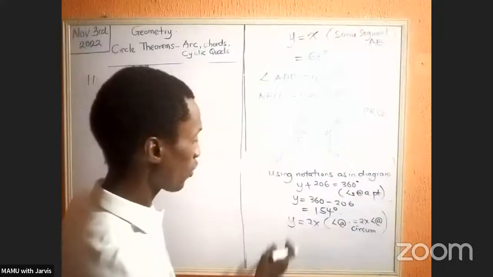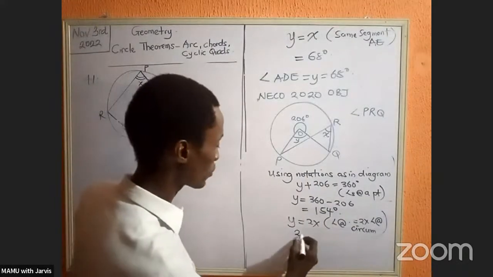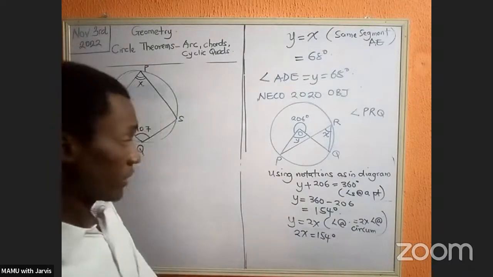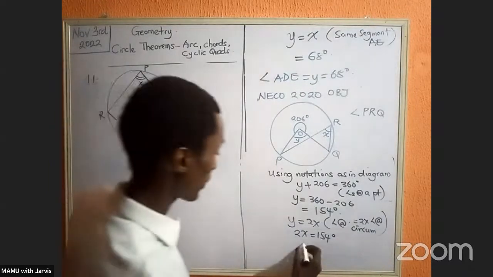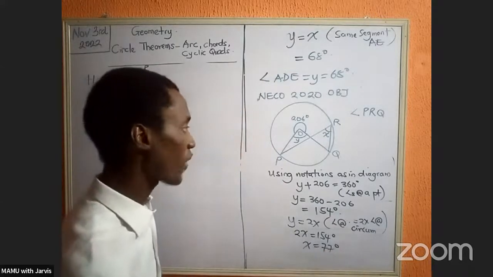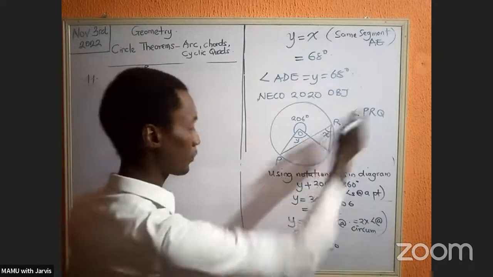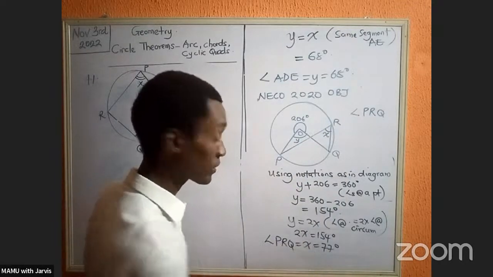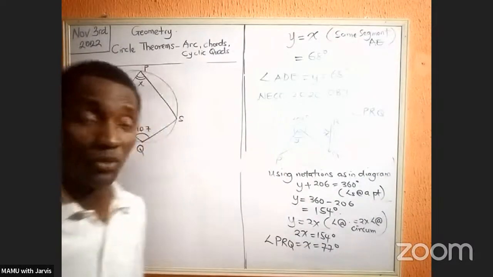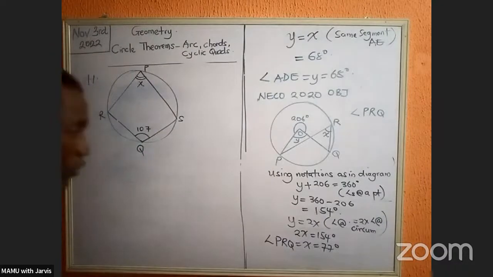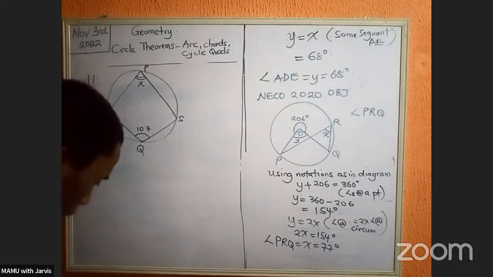So if I know y to be 154, I can say 2x is equal to 154 degrees, which is x equals 77 degrees. I am not told to find x, I'm told to find angle PRQ. So I'll say angle PRQ. Sorry about that. I think the interference from my light source took my attention off concluding that problem. So that angle is 77 degrees.